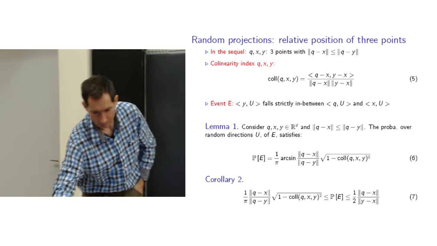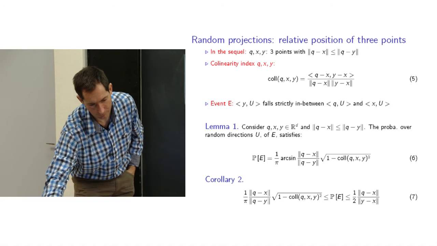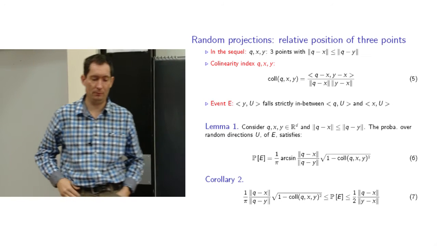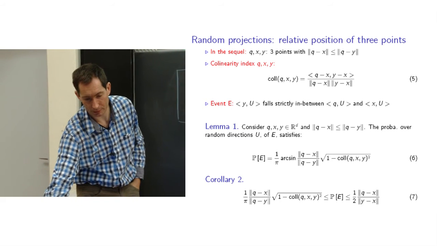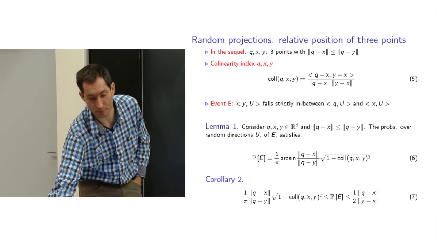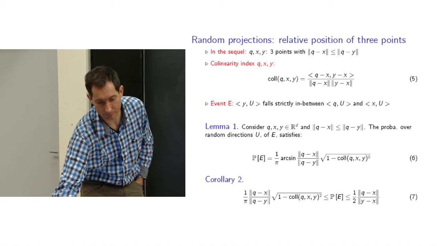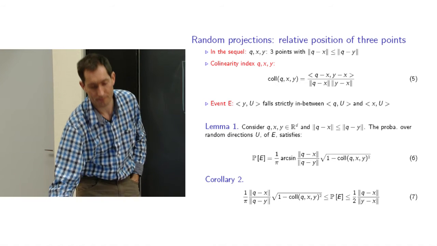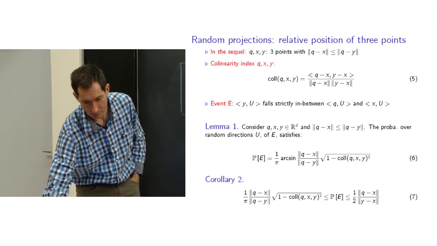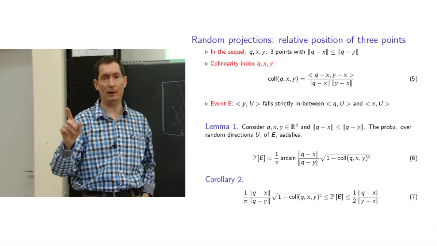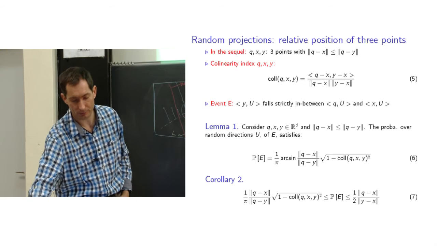So in fact, we have some simple lemmas here. This one requires some calculations, but essentially we define a collinearity index between the query point x and y, which is this much. And then we have the following lemma, which says that if you pick 3 points with this property, as I said, the probability over random directions u to observe the event E is exactly the following.